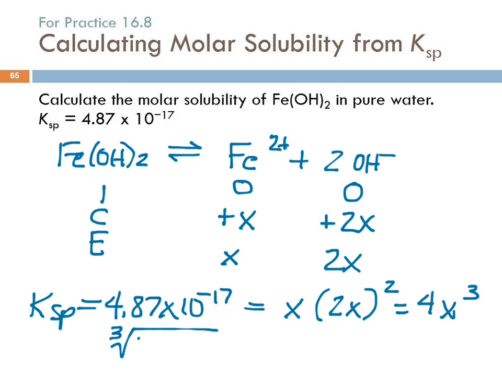The cube root of 4.87 times 10 to the minus 17th divided by 4. The 4 gets in the cube root. It doesn't always come out right when you say it. So x ends up being 2.3 times 10 to the minus 6.